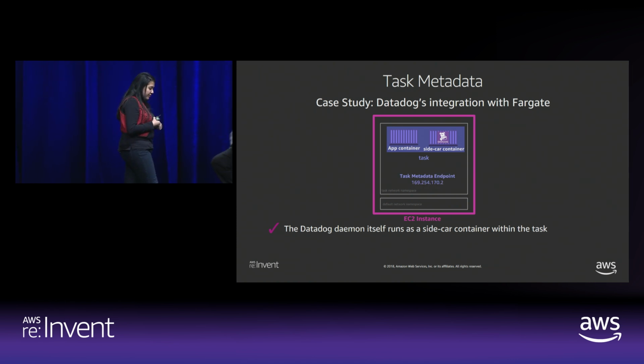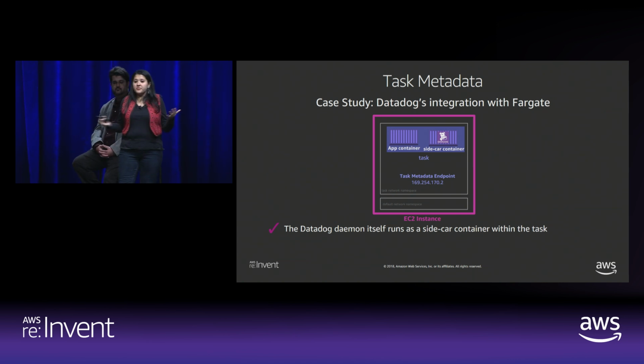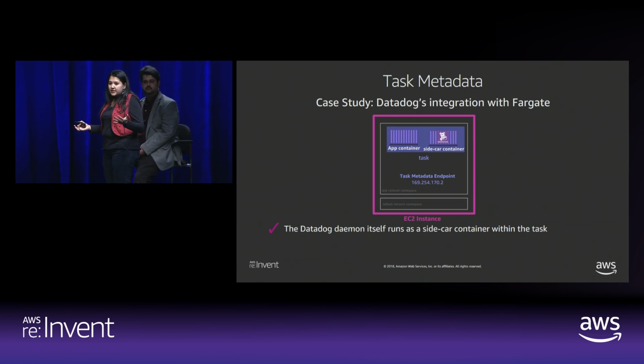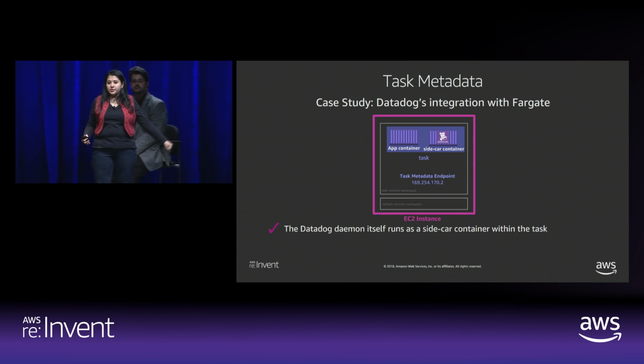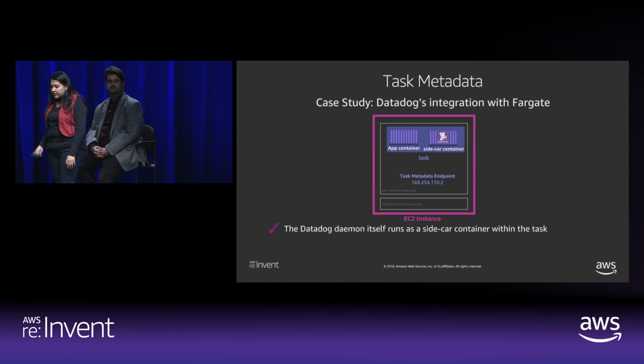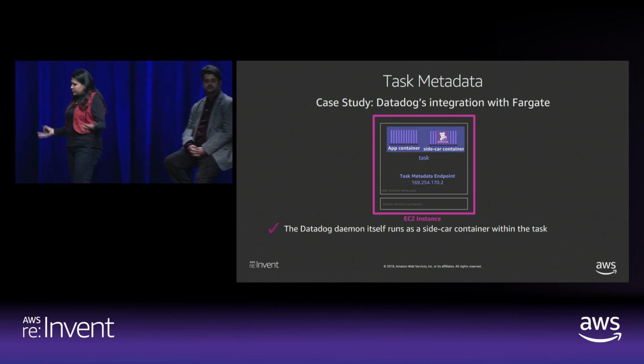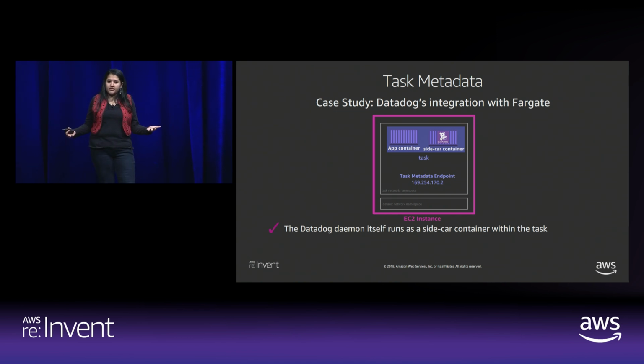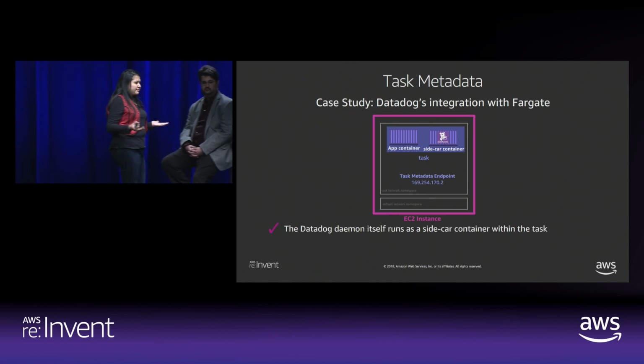The second change that we brought about, the Datadog daemon still needs to query something and get the stats. And we don't want it to be reaching down into the host network namespace to talk to Docker. But we said, this is a reasonable use case to say, I want to know information about my application containers in my task namespace.